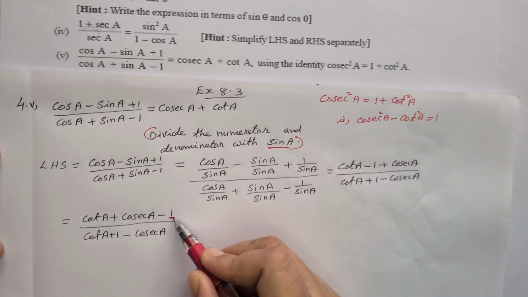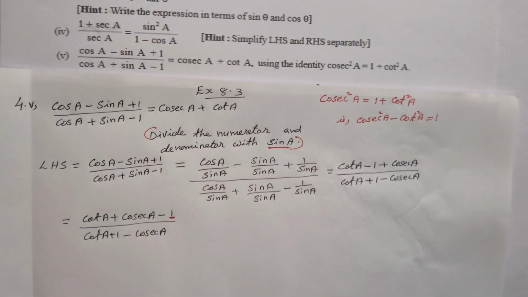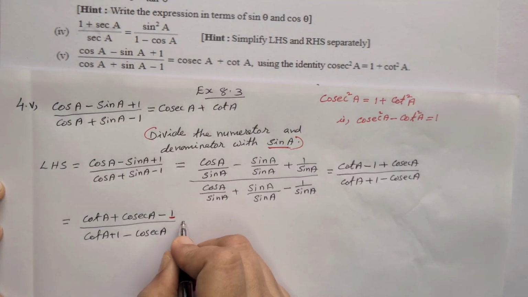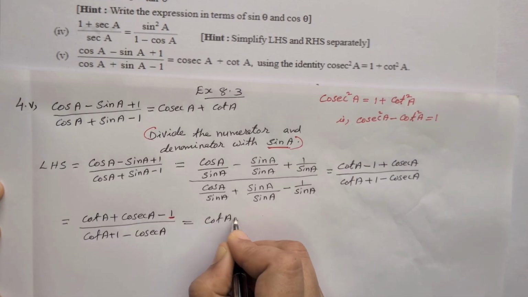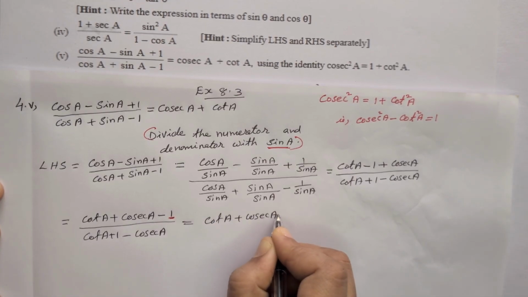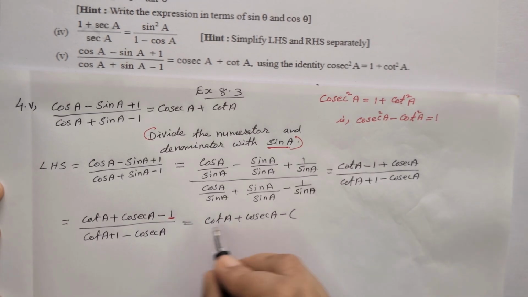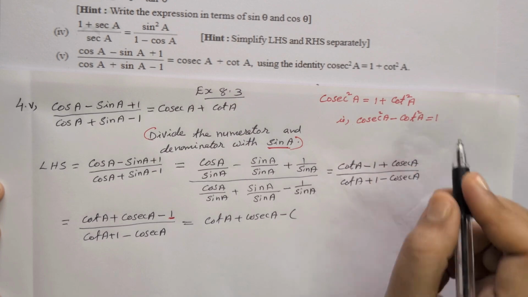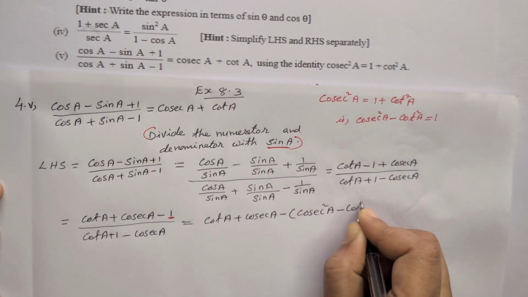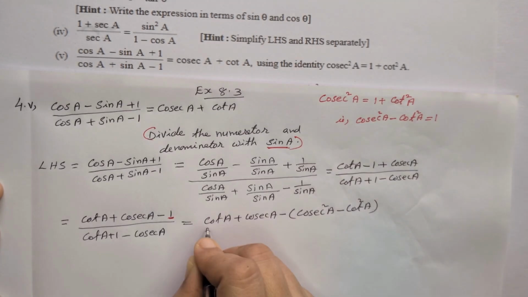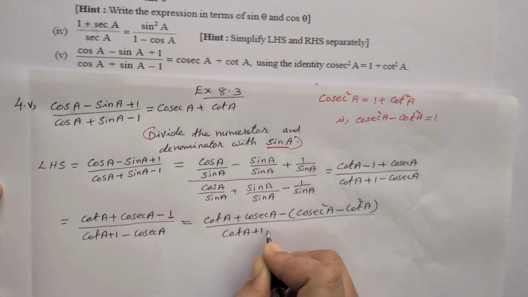So in place of this 1, we can substitute cosec square A minus cot square A. So we can rewrite that as cot A plus cosec A minus, keeping that in the bracket, in place of 1, cosec square A minus cot square A, divided by the denominator same, cot A plus 1 minus cosec A.